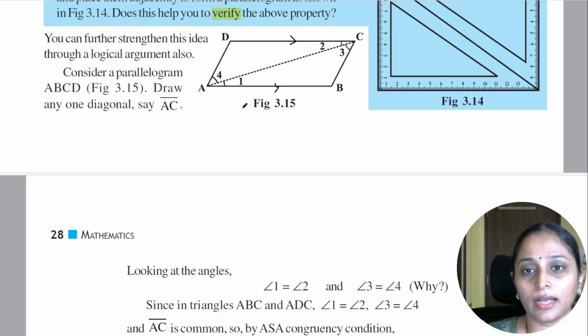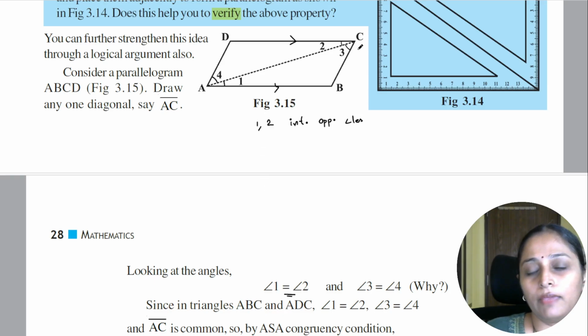So, if I consider AC as my transversal, then angle 1 and 2 are nothing but interior opposite angles, right? Interior opposite angles. And what do we know about interior opposite angles? They are equal in measure, okay? Interior opposite angles are equal. Therefore, angle 1 is equal to angle 2.